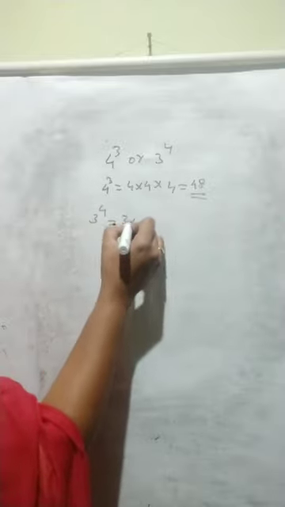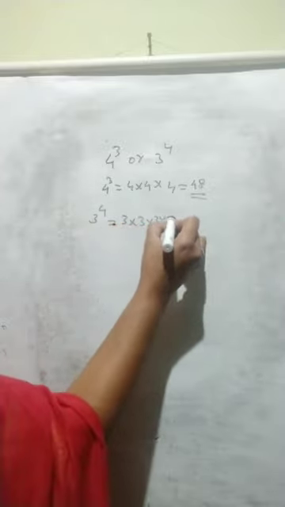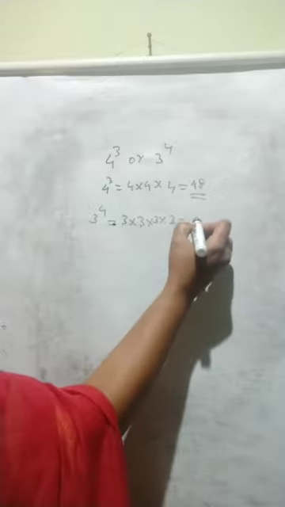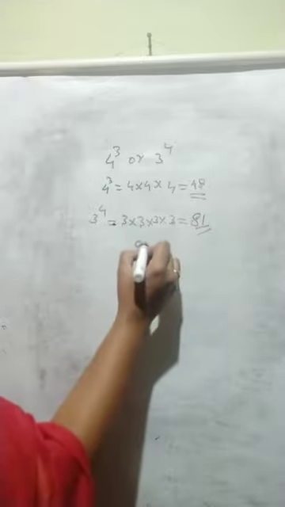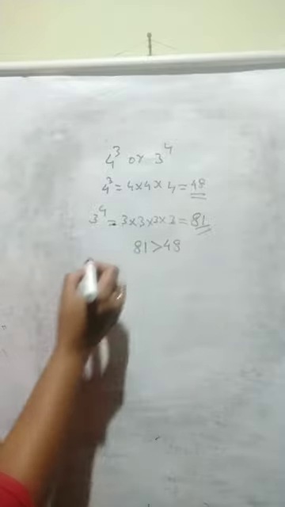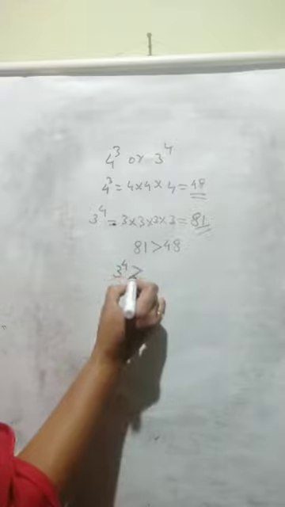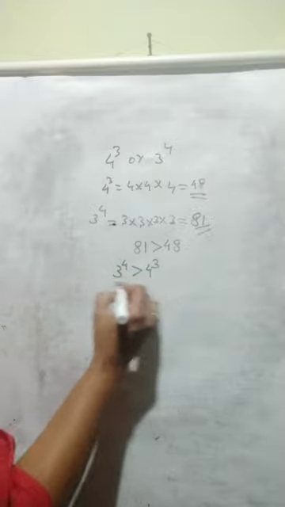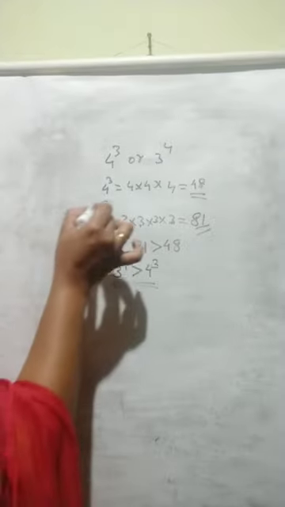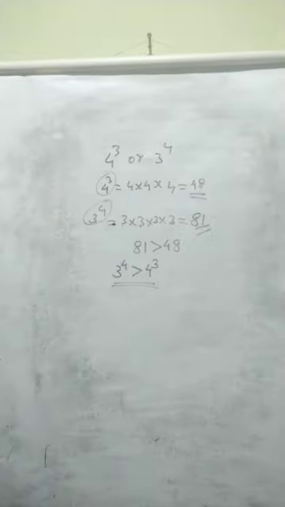That is 3 times 3, then 3 times 3. 3 3s are 9, 3 3s are 9. 9 9s are 81. So here 81 is greater than 64. So now we can say 3 raised to 4 is greater than 4 raised to 3. Okay. According to the values, we have to find out which one is greater.